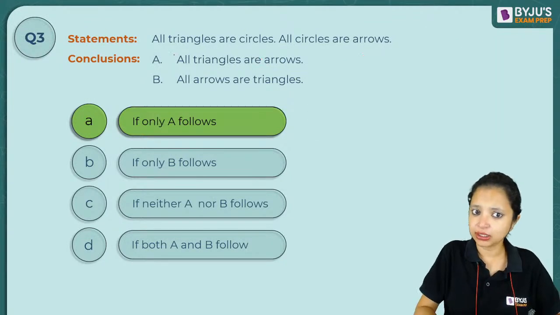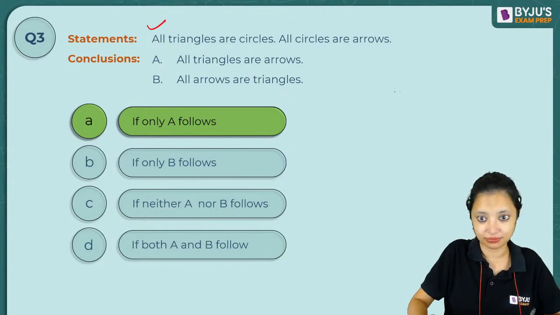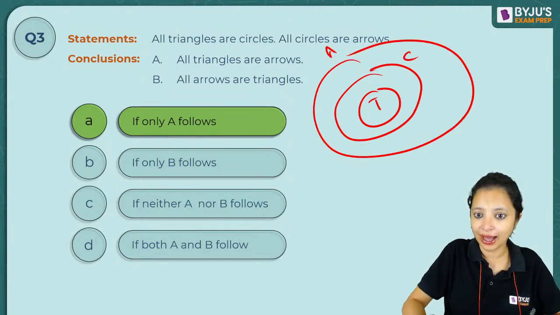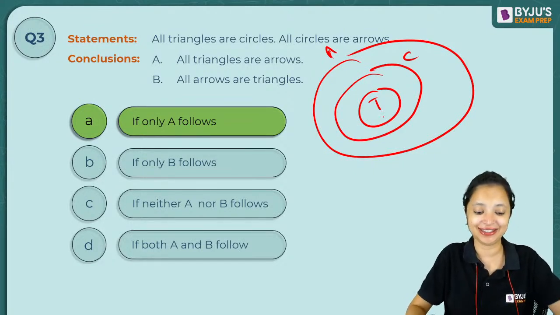Now let's look at this question again. If all triangles are circles, all circles are triangles is a possibility. So if all triangles are circles and all circles are arrows, then all triangles are arrows is correct. But all arrows are triangles is only a possibility.